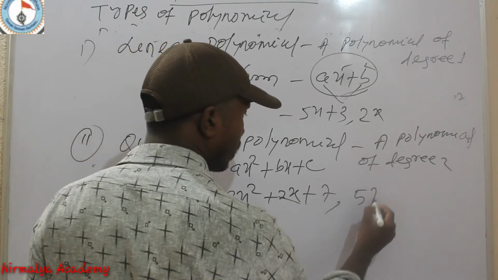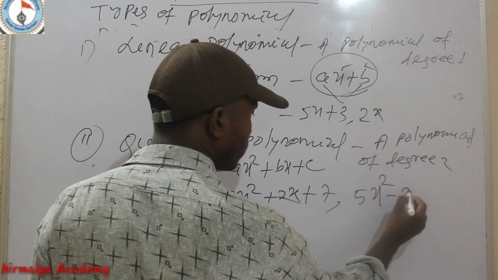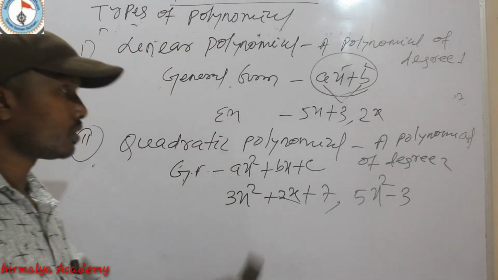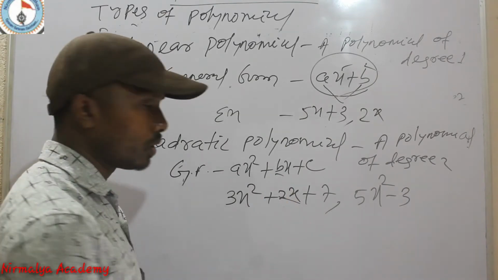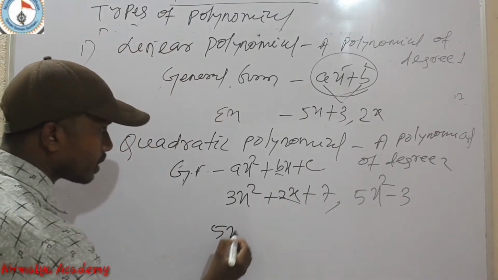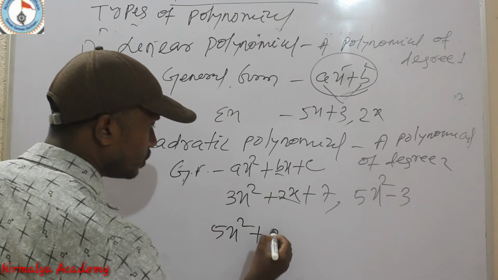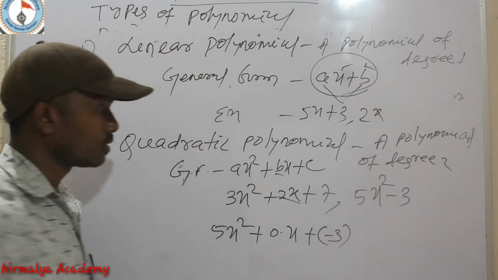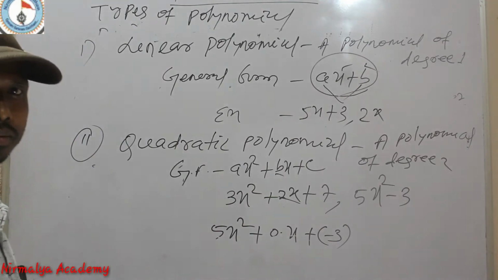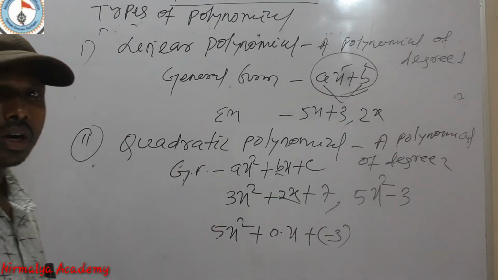Just like you can write 5x square minus 2. It is also a quadratic polynomial. Here b is 0 because it can be written as 5x square plus 0 into x minus 2. So these are examples of quadratic polynomial.